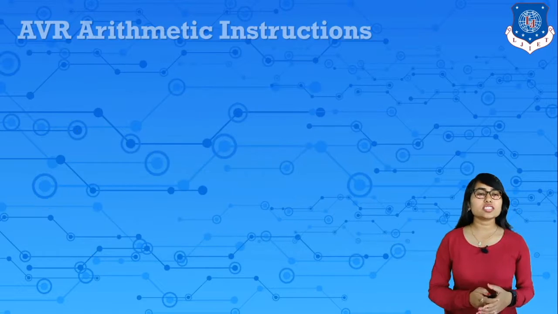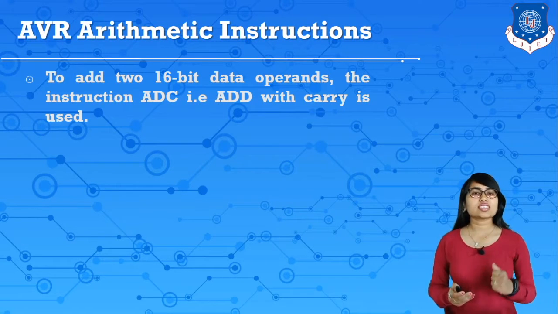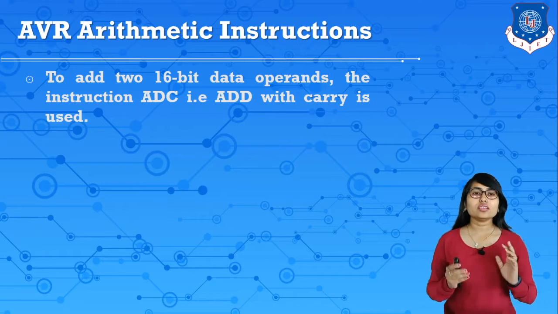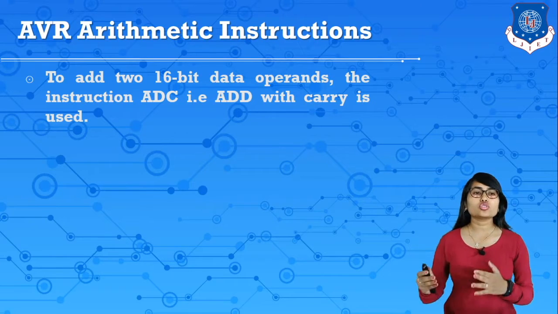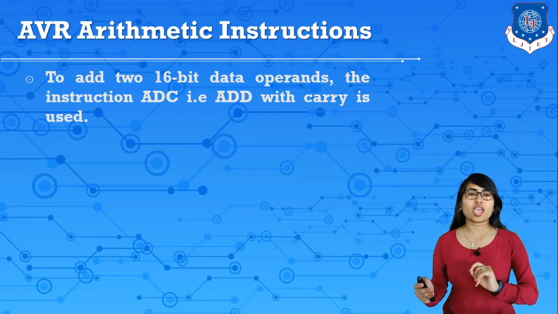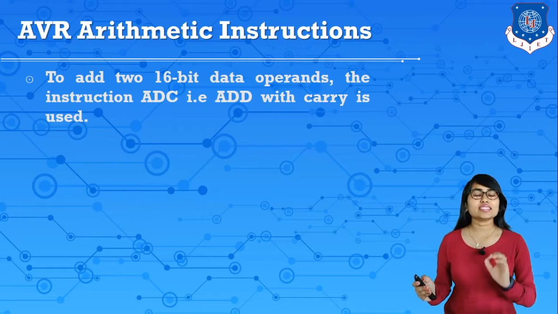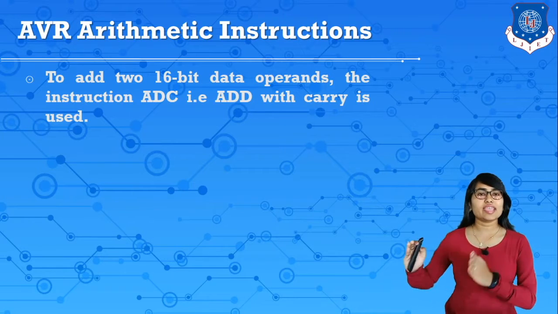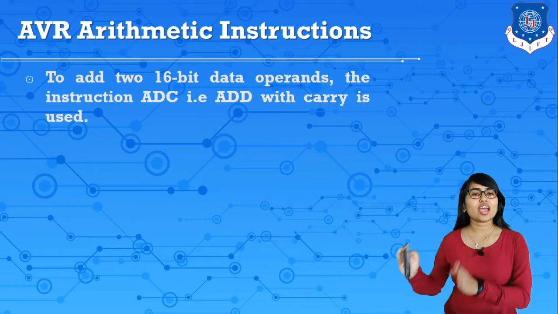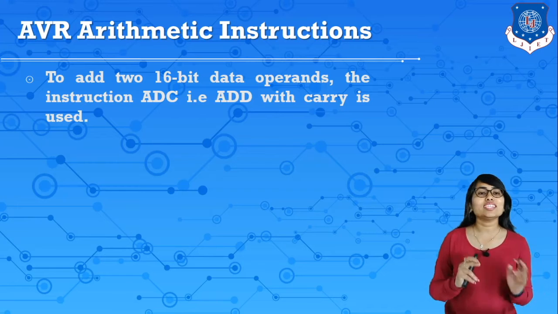Next, the AVR arithmetic instructions include addition of 16-bit data. To add two 16-bit data, there is an instruction ADC, that is add with carry. So for 16-bit addition there is the instruction ADC. First the lower 8-bit data is added, and then the other 8-bit data is added with the carry.